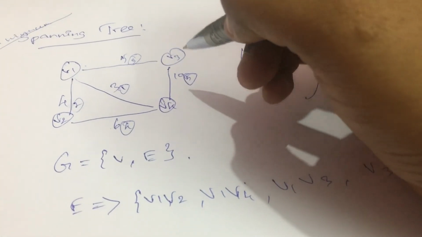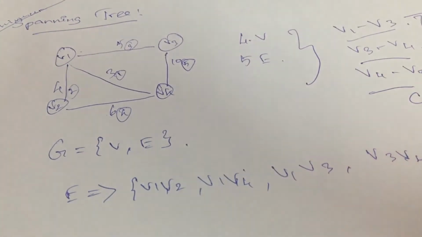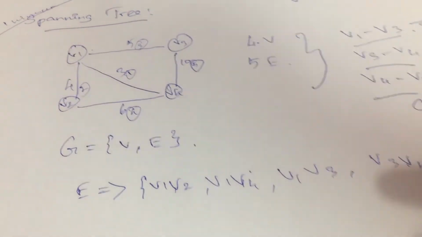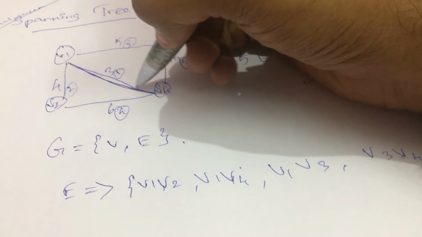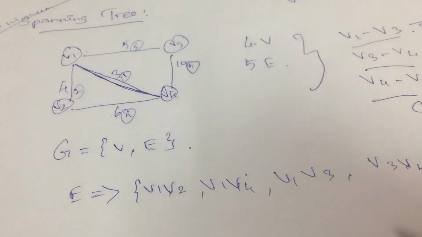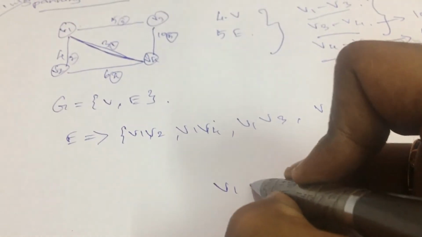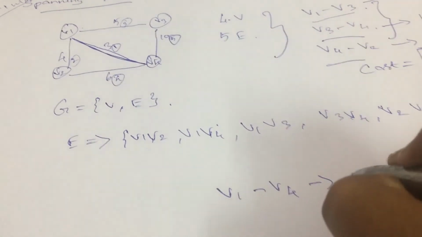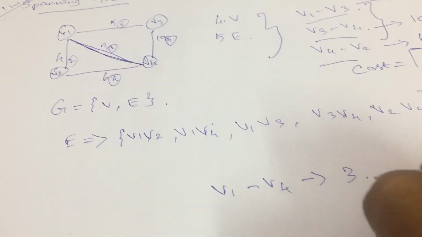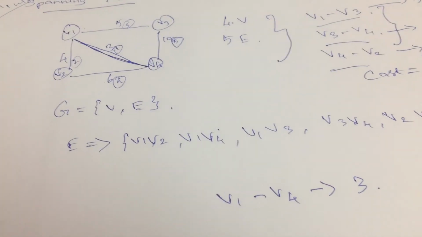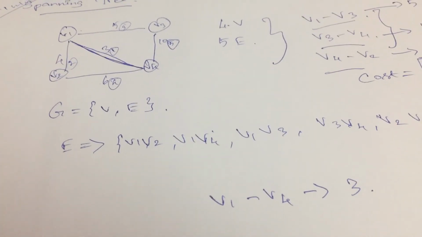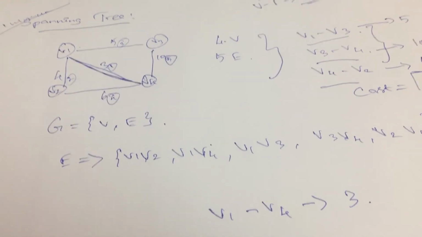So first I need to find the least value which I can prefer here. It is going to be the edge which has a weight of 3. So I will be choosing v1 to v4, which gives us a value of 3. In the same way, the second possible solution can be v1 and v2, which takes the least amount now.